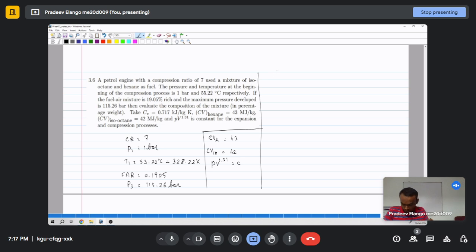So first we can calculate T2. T2 is equal to T1 into compression ratio to the power gamma minus 1. T1 is 328.22, compression ratio is 7. Gamma minus 1 can be taken as n minus 1, and n is given as 1.31, so we have 0.31. So T2 is 600 Kelvin.